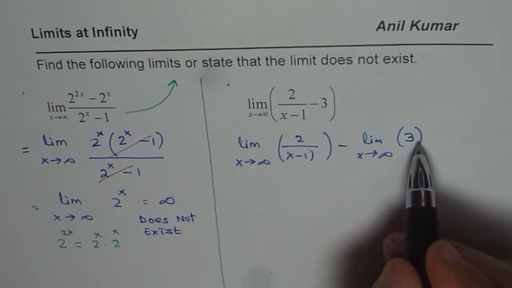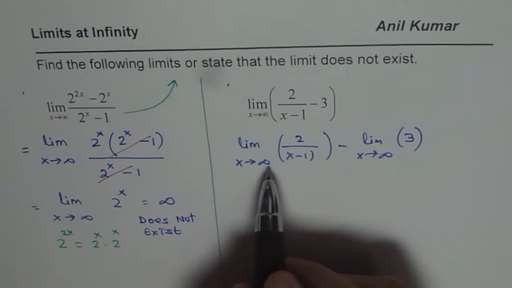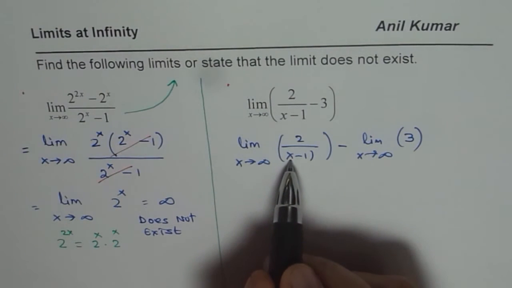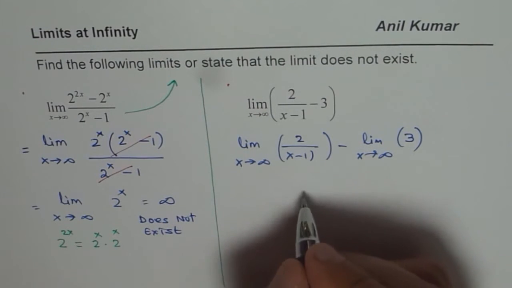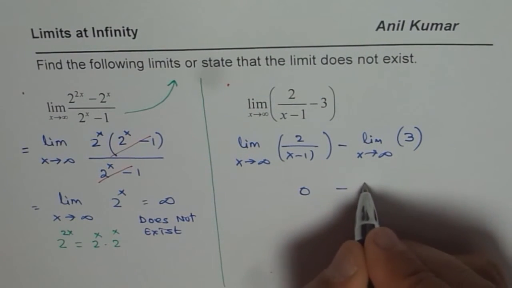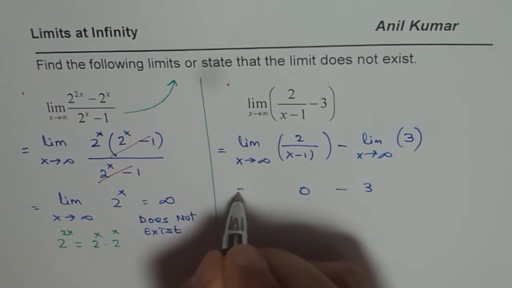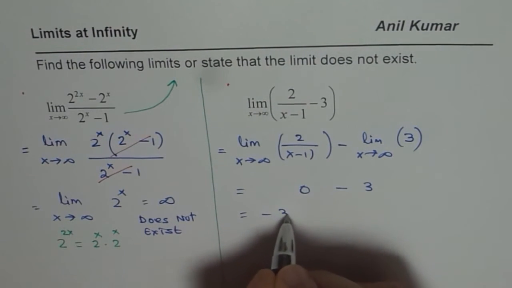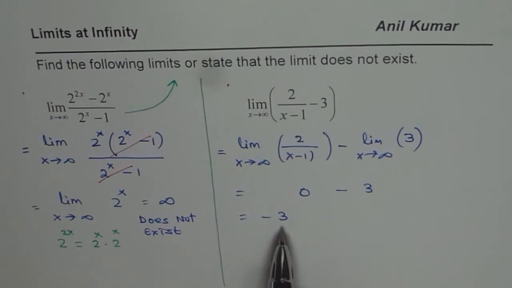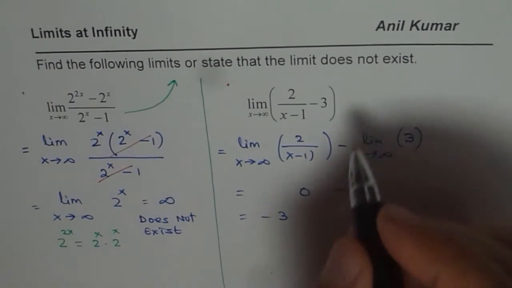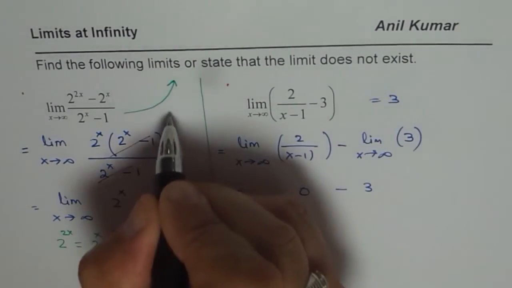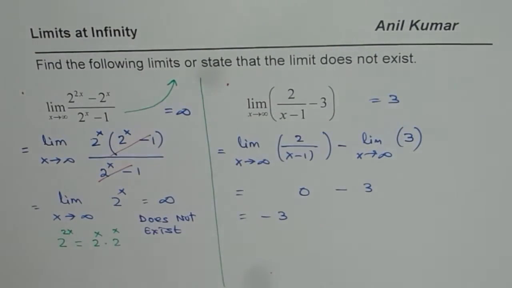Now 3 is a constant, so that is going to be 3 on this side. If x is very, very large, something divided by a large thing should be 0. So we get 0 here, minus 3. So what do we get? We get minus 3 as our answer. So here the limit exists, and the limit is equal to minus 3. So this limit is minus 3, and the other is not defined.